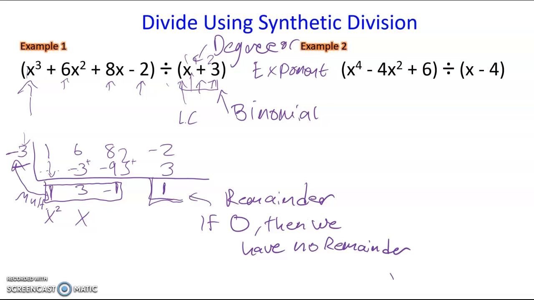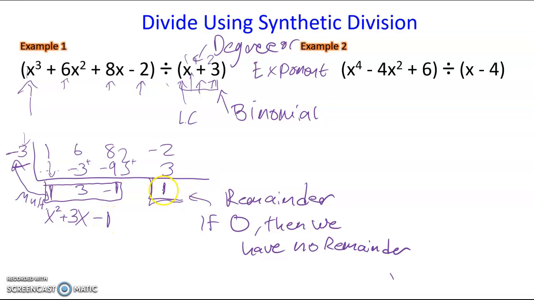All right? Now, these numbers up here, these are the coefficients of these new variables. So 1x squared is just x squared. I don't have to write a coefficient of that. The 3 becomes the coefficient in front of the x, so it becomes x squared plus 3x. I've run out of x's, so the last number here just becomes a constant, -1.